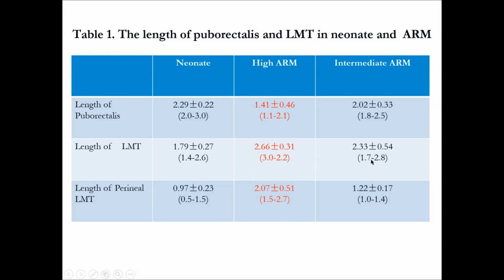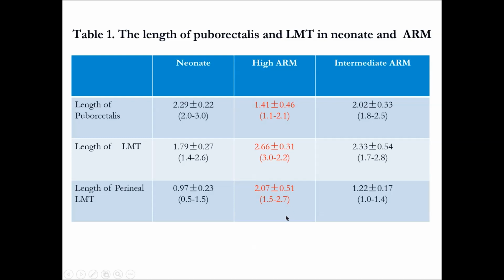And the length of the longitudinal muscle tube in intermediate ARM is about 2.33. The length of the perineal longitudinal muscle tube in normal is about 0.97 centimeter. It's significantly shorter than that in high ARM, which is about 2.7 centimeters.